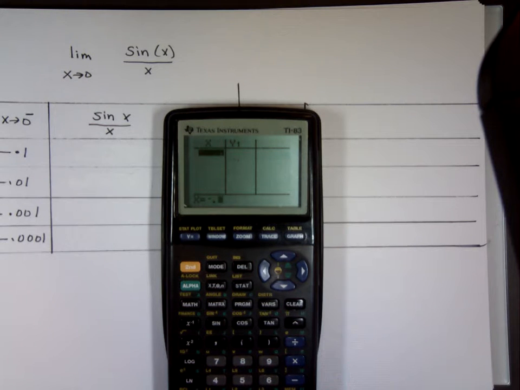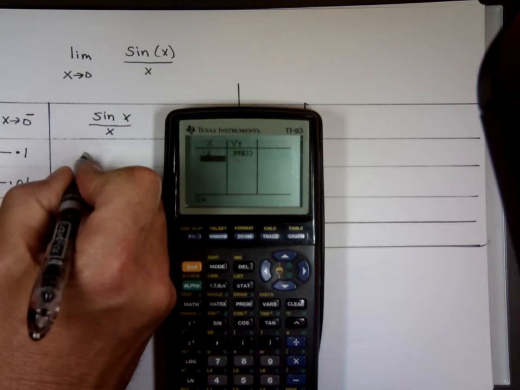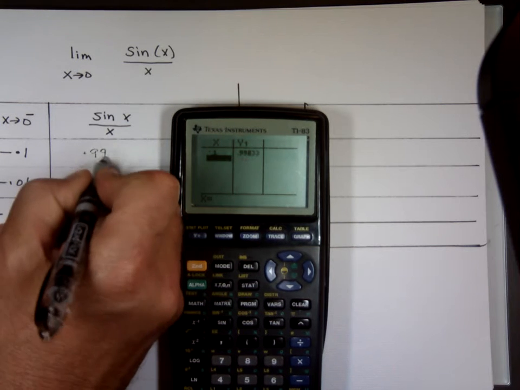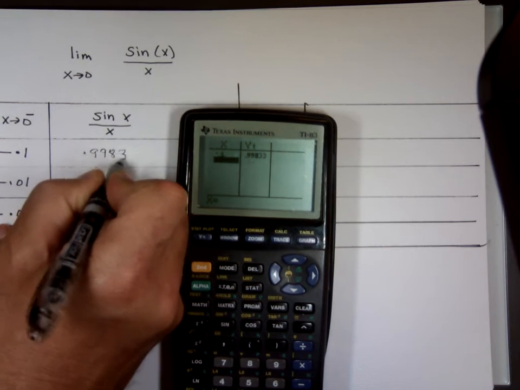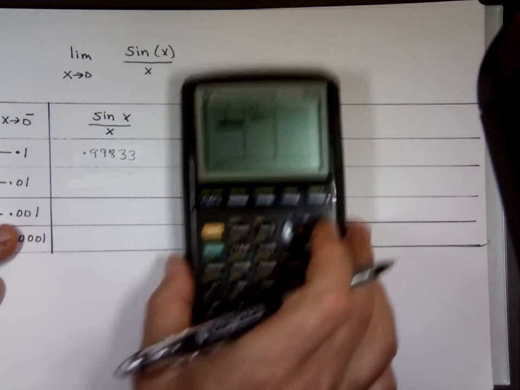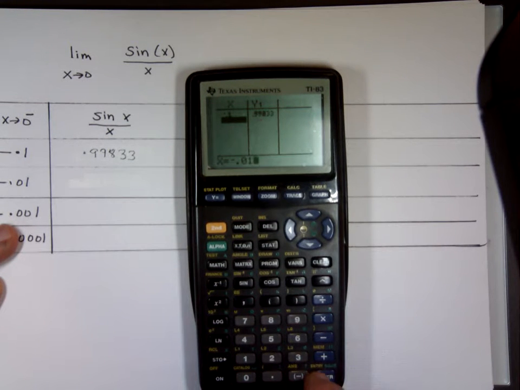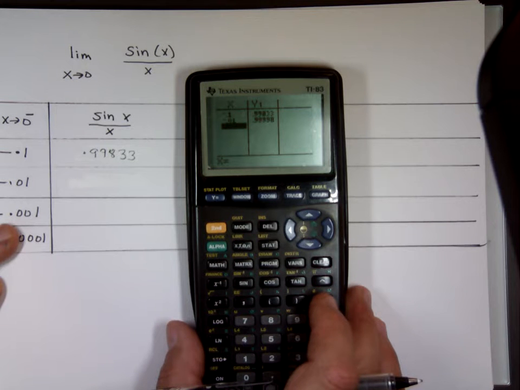Negative 0.1. We got what? 0.99833. Negative 0.01: 0.99998.